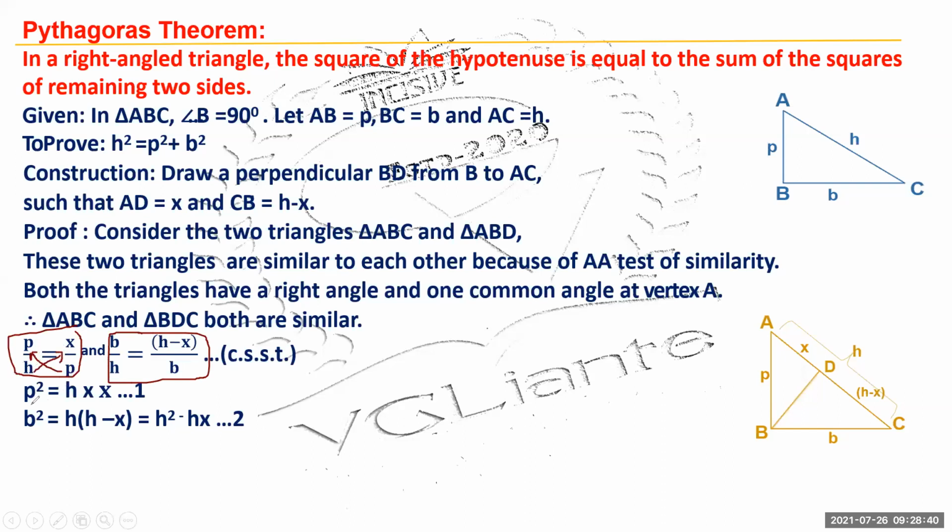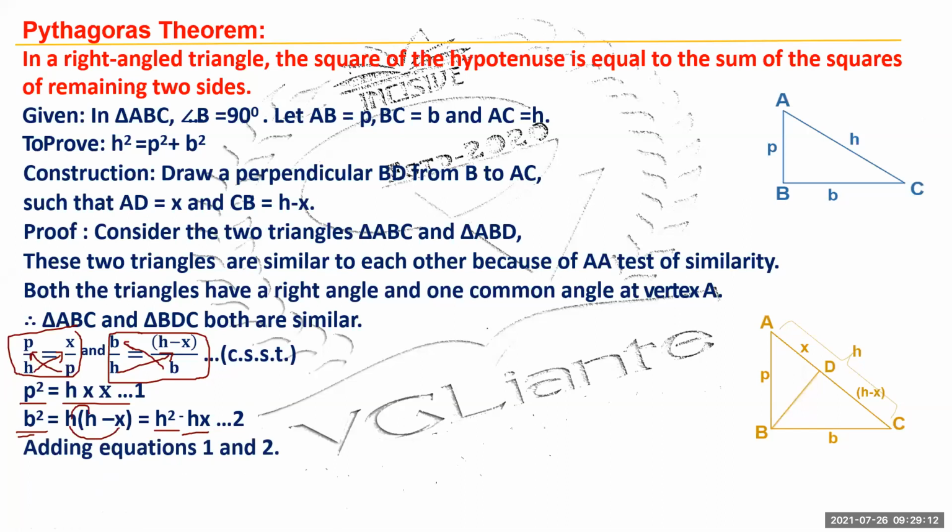So P into P becomes P square, and X into H is H into X. Then you've got B into B, B square, and H into H minus X. H into H is H square, minus H into X is HX. So you'll get H square minus HX.